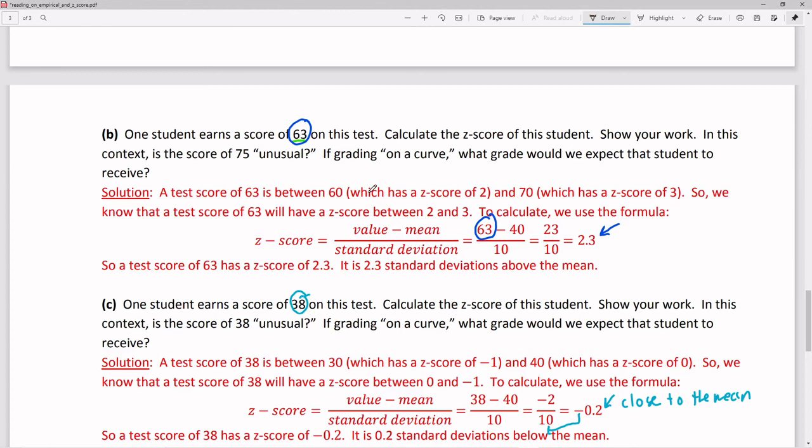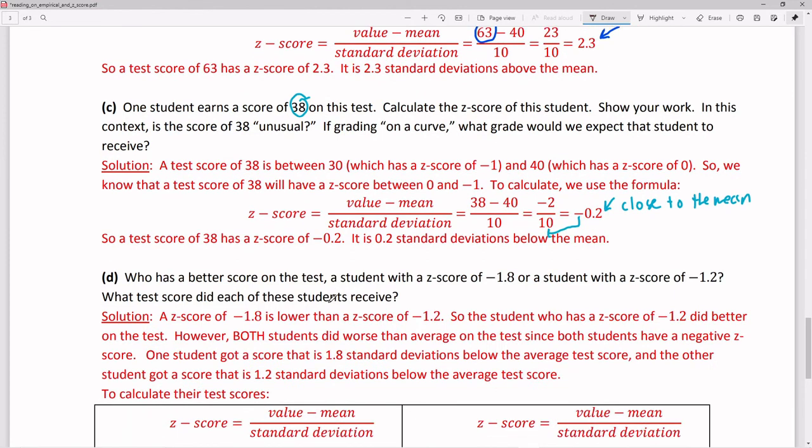In the first 2 examples here, I took a quiz score and it's like I wrapped it up and gave you the z-score. Well, if I know the z-score, I can unwrap this to give you the quiz score. I could just go backwards. So watch how we do this.